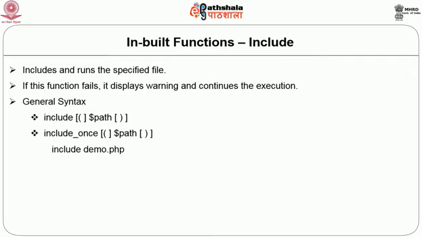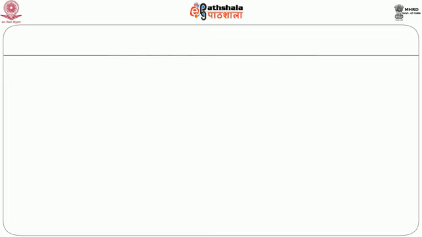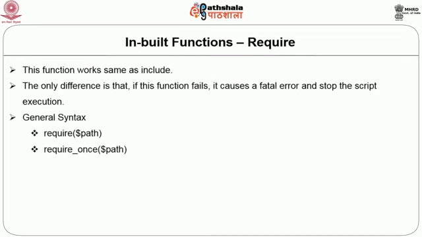The general syntax is include, and optionally you can provide a path. If you provide a path, it must be written in parentheses. In the same way you can write include_once, and in a similar way you can write require, but the difference is that in require, if the function fails, it causes a fatal error and stops the script execution.